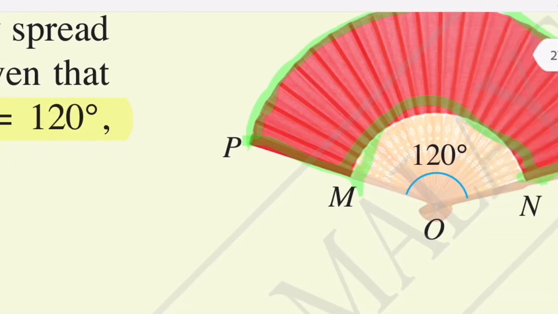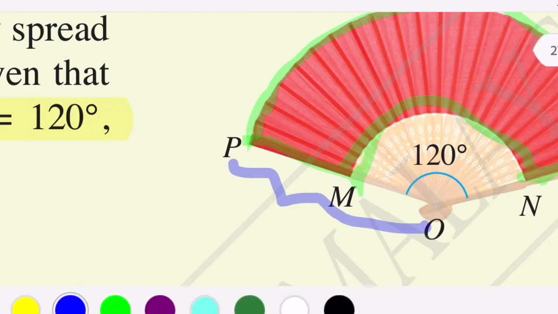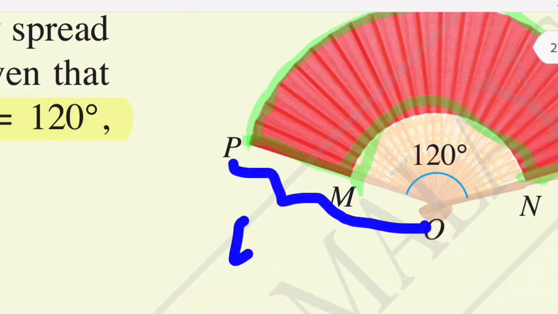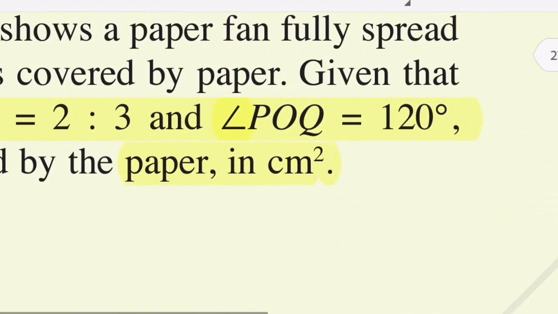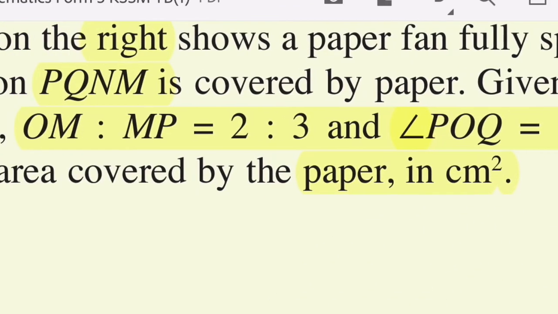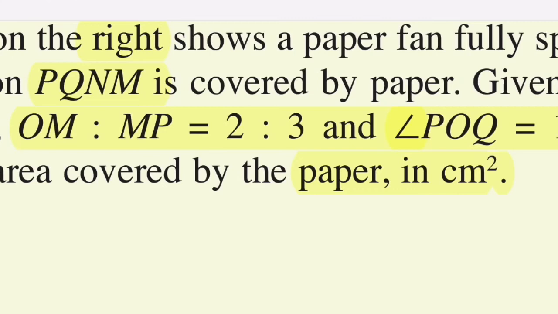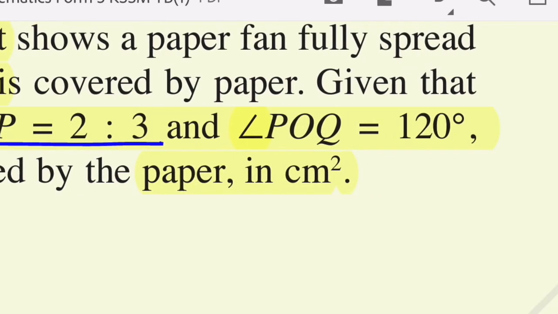That means from here to here to here is given as 15 centimeter, right? What other information? OM ratio to MP, you see the ratio given. Now they want to test you on the ratio. OM to MP is 2 to 3, and the angle POQ is 120.